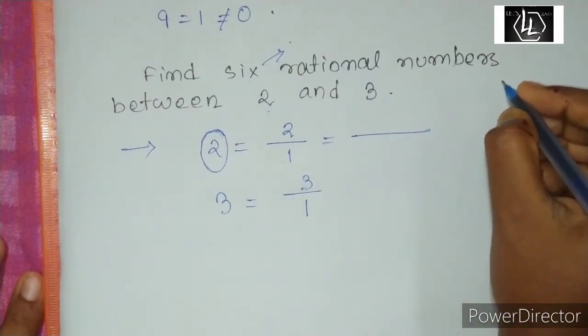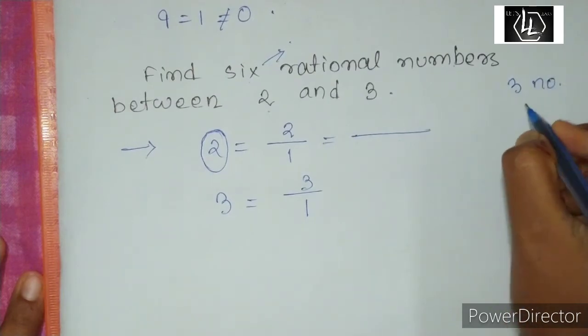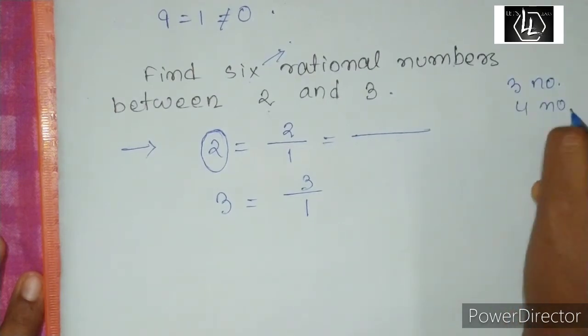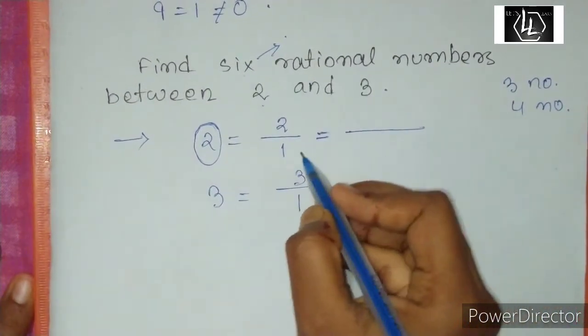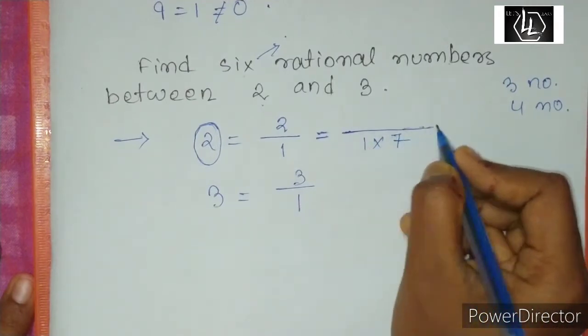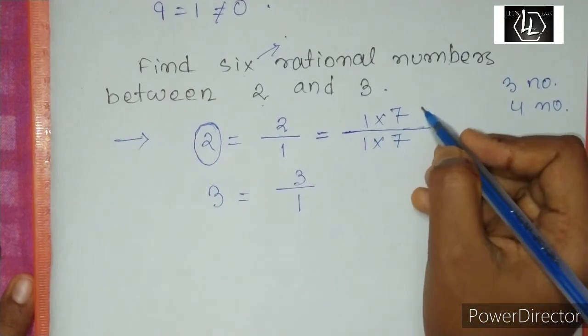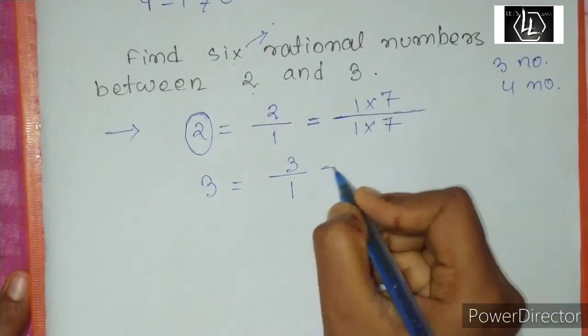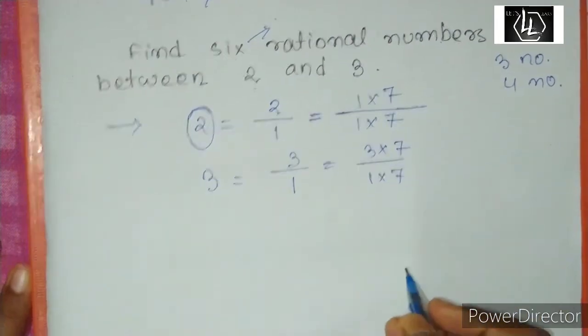Or if we have to find 3 numbers, say, we have to divide this into 4 divisions, right? So we have to divide this into 7, so we have to multiply by 7 in both numerator and denominator. Similarly for this also, 3 into 7 and 1 into 7.